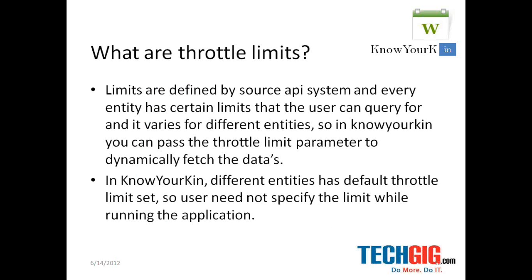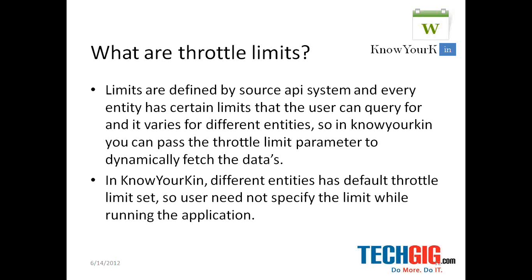The throttle limit is basically a limit defined by the source API system, which in our case is LinkedIn. Every entity has certain limits that the user can query for, and it varies for different entities. In NoYakin, you can pass the throttle limit parameter to dynamically fetch the data.